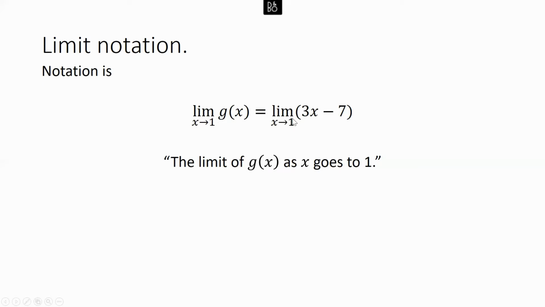Or LIM of 3x minus 7, x goes to 1, is equal to -4. So this is just a shorthand way of saying, what is our output going to as our input gets closer to 1? All right. So we're going to start adopting that notation so we don't have to write as much moving forward.